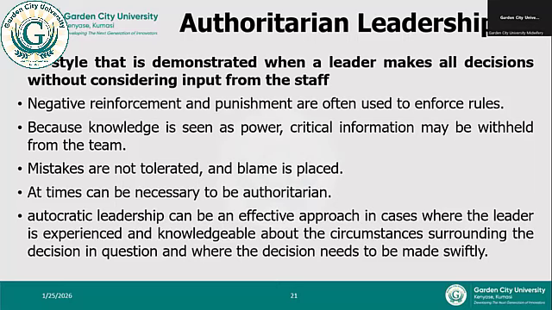You always remain under his or her authority. And one classic evidence of authoritarian leadership is that mistakes are not tolerated, but blame is put in place and punishment is the reward for any unexpected decisions, outcomes and actions.